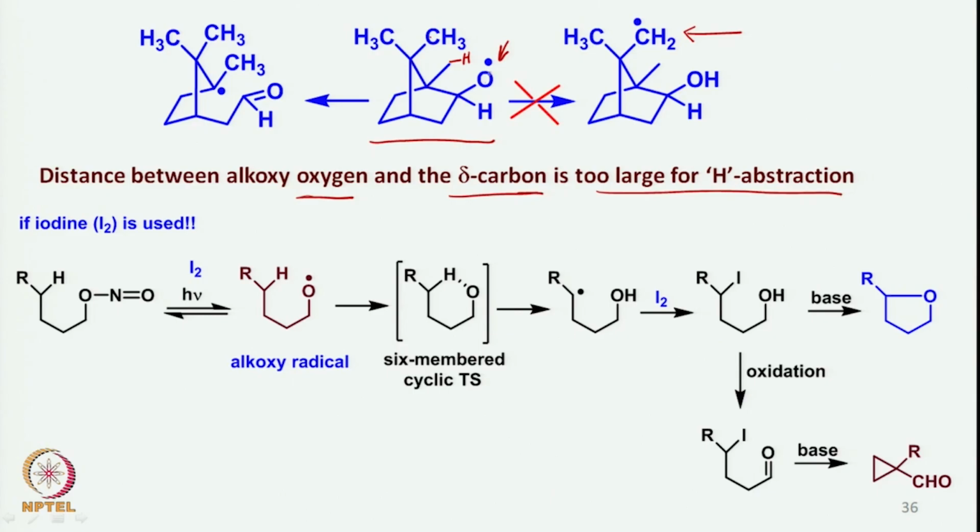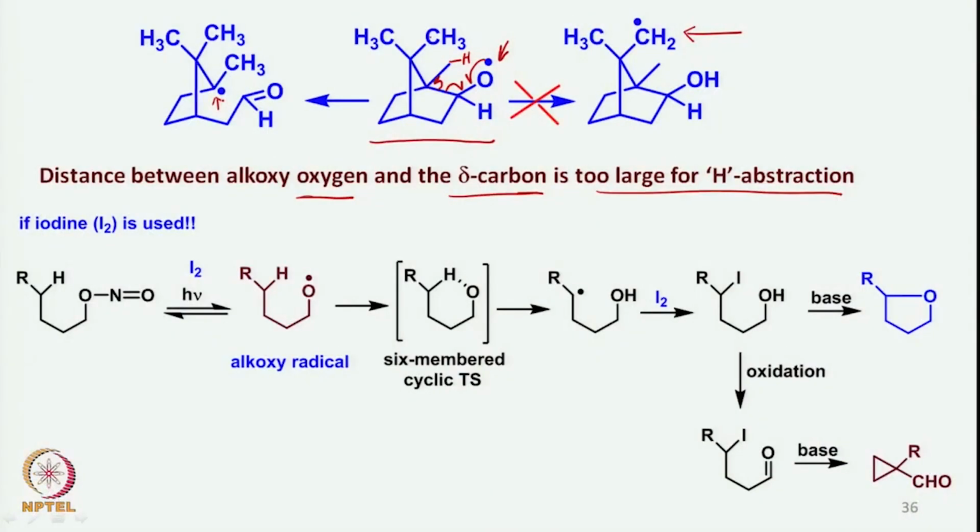And therefore this particular cleavage occurs in this fashion, that you break it and generate a radical on this particular carbon atom. So if one does not have a possibility of hydrogen abstraction, then there is a possibility of this kind of CC bond cleavage.